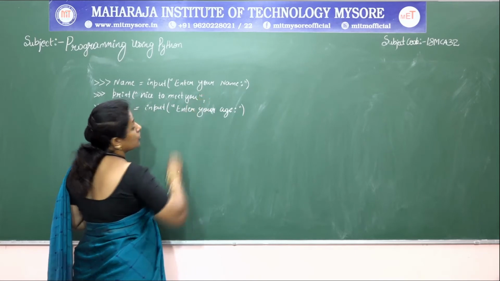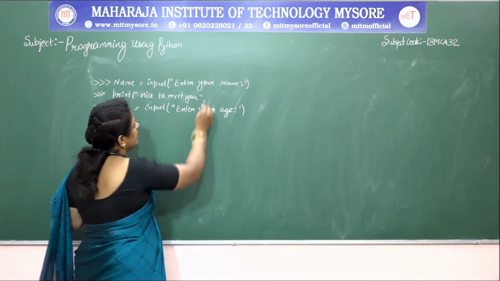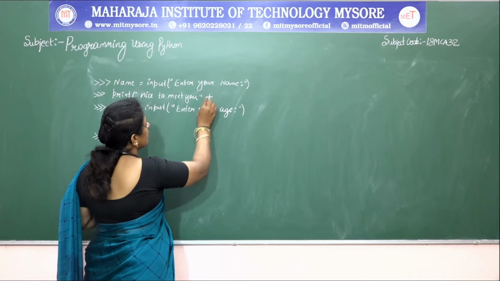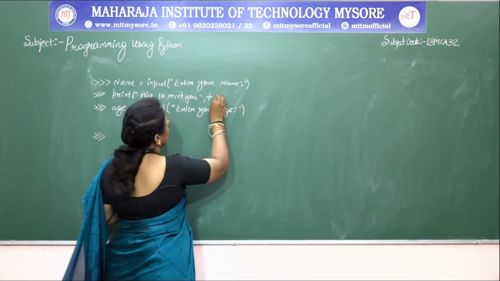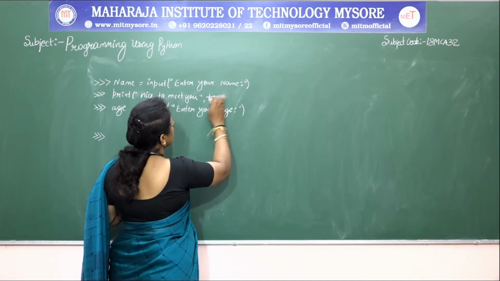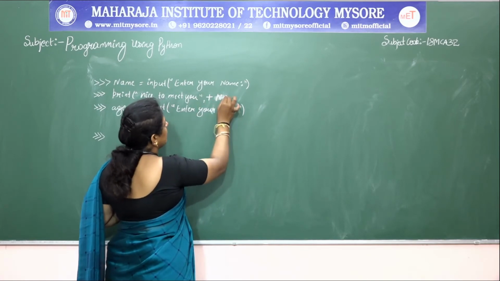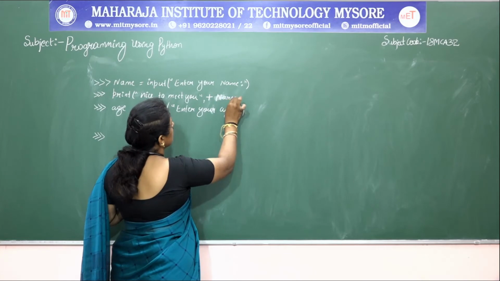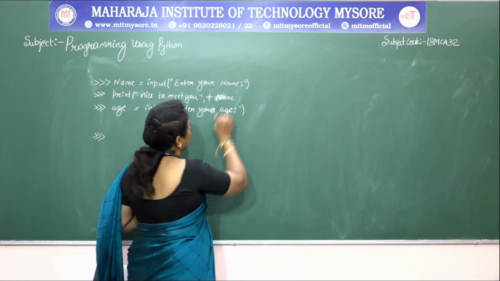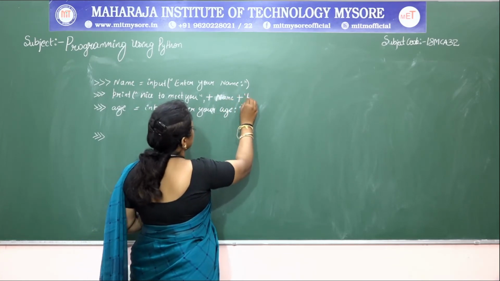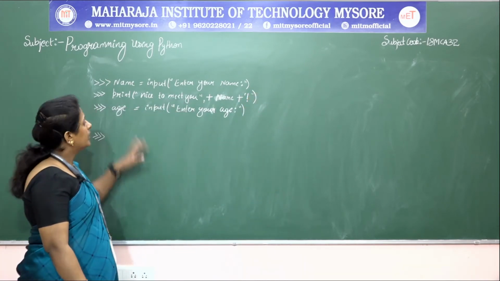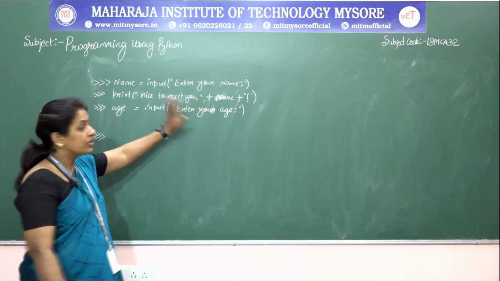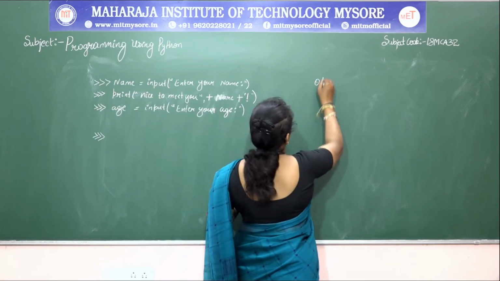Here I am concatenating by using a plus sign and a variable called name. I have used a capital N. So when this statement gets executed, I will get the output.